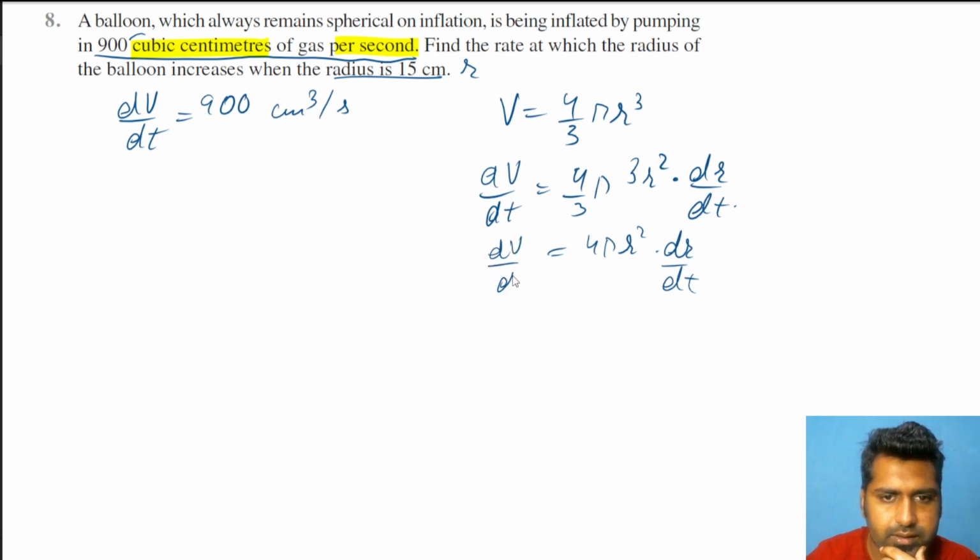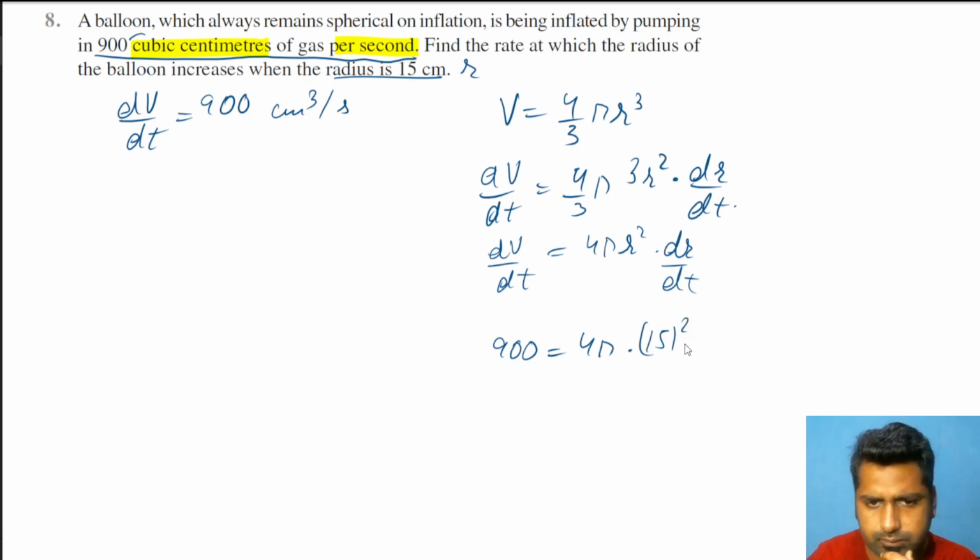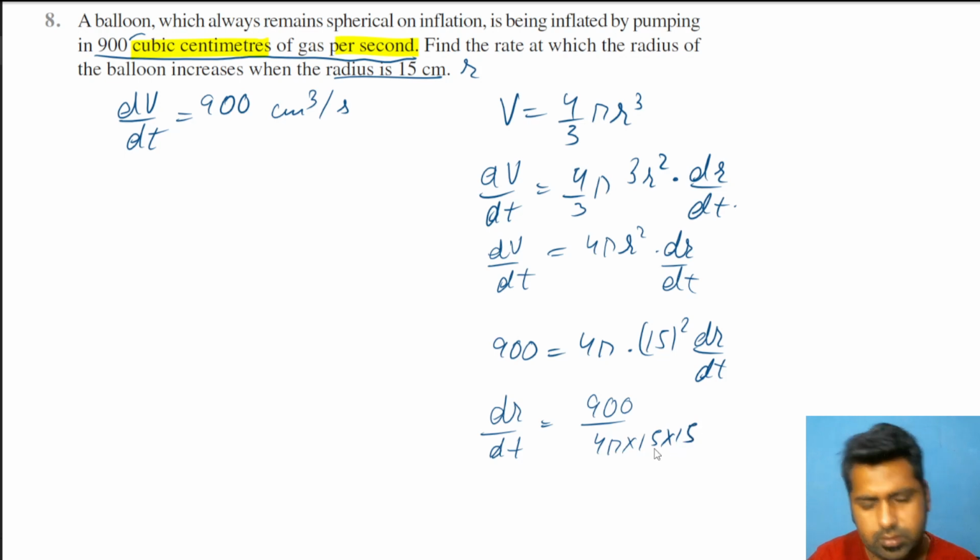This is dV by dt. Put down the value. That's 900. 4 pi r square, r square is 15 square, 225. Okay. So let's calculate dr by dt. I'll calculate it in terms of pi only. So dr by dt comes 900 upon 4 pi into 15 into 15. 225 into 4 is 900.